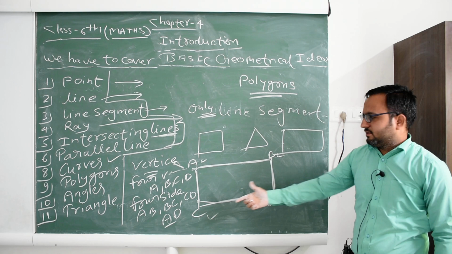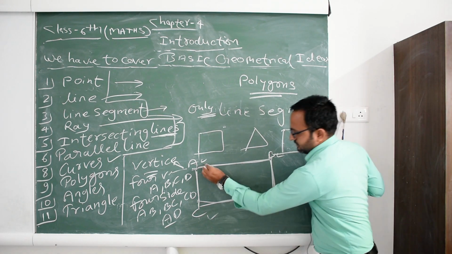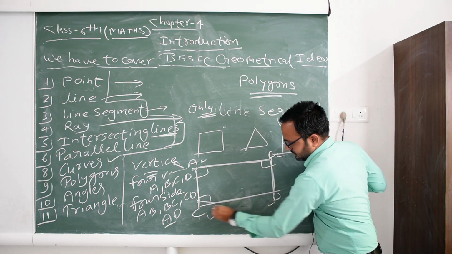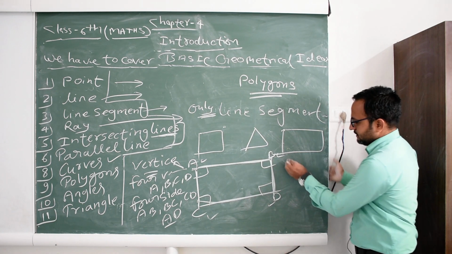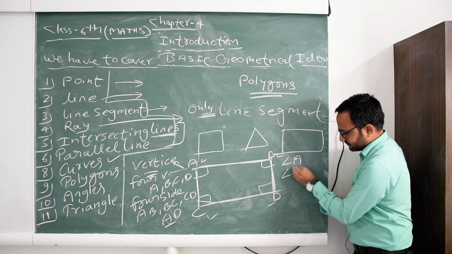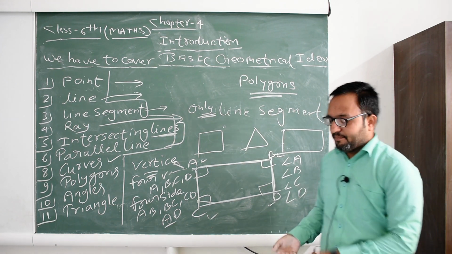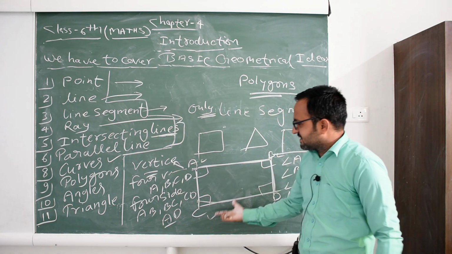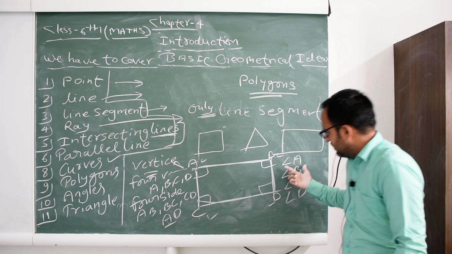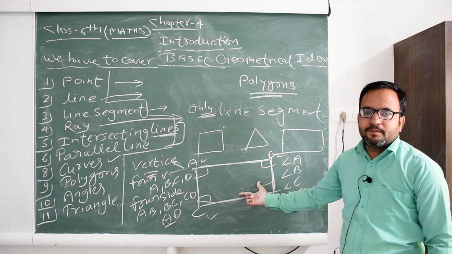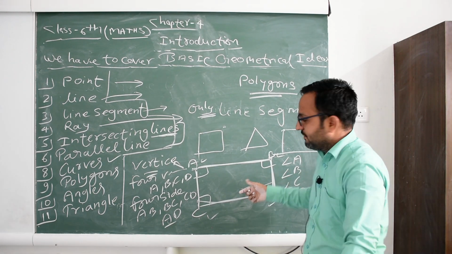These are your sides. Now angles, this is for angle. Angle A, angle B, angle C and angle D. So there are 4 vertices, 4 sides and 4 angles in this polygon.